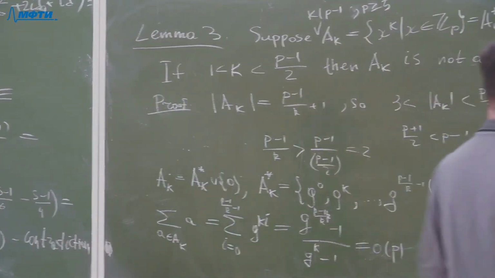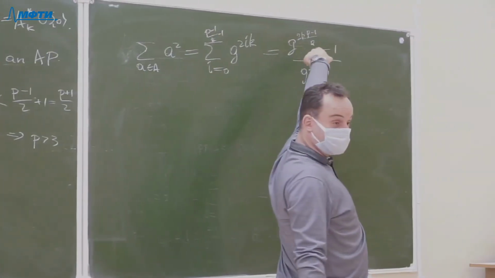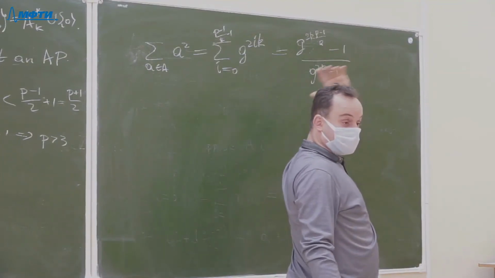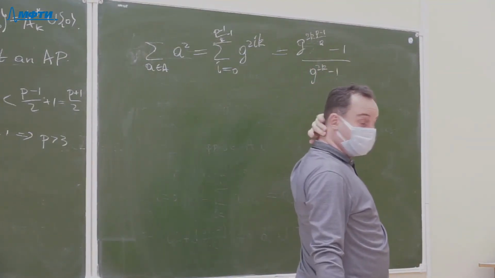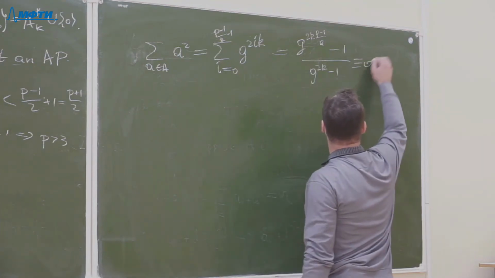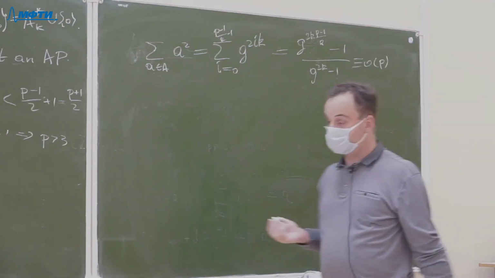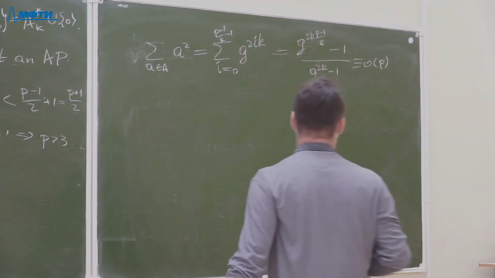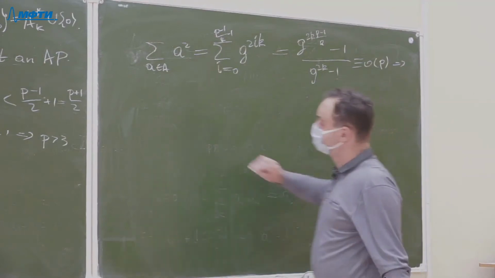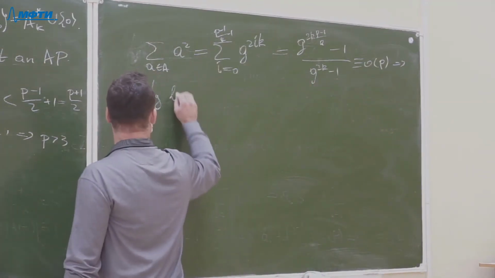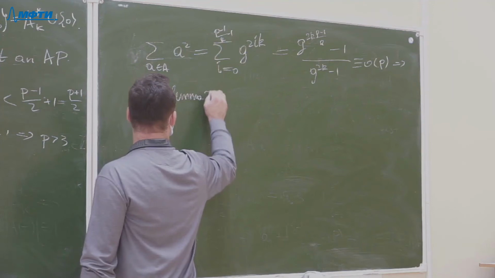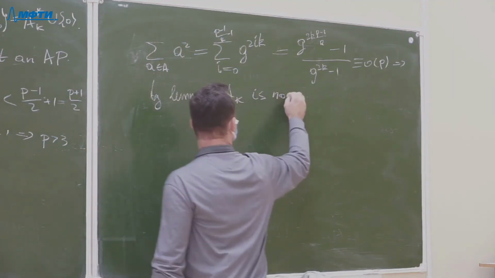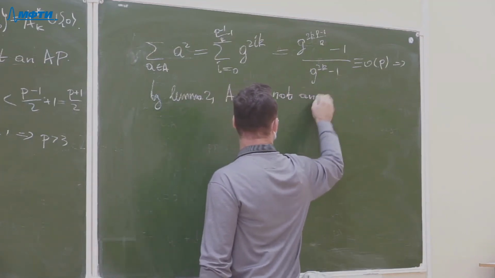Right, but this is 0, right? Because by Fermat's little theorem, g^(2(P-1)) is 1 modulo P. So, by lemma 2, A_K is not an arithmetic progression.